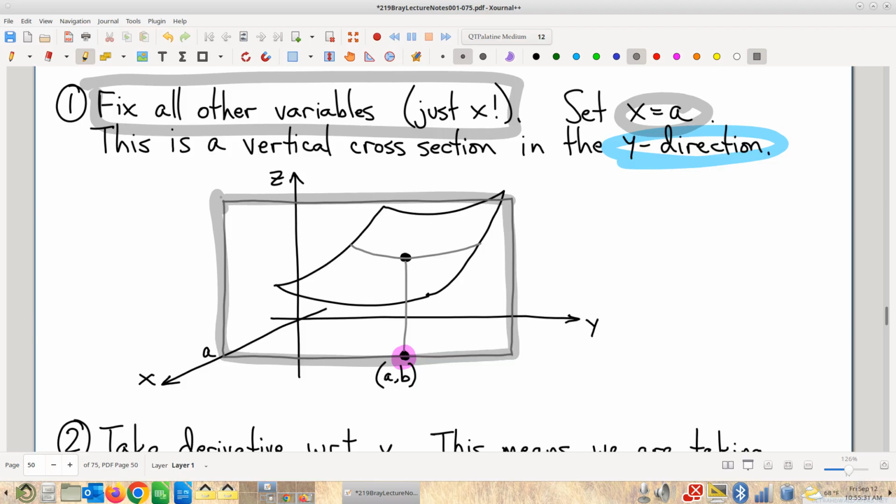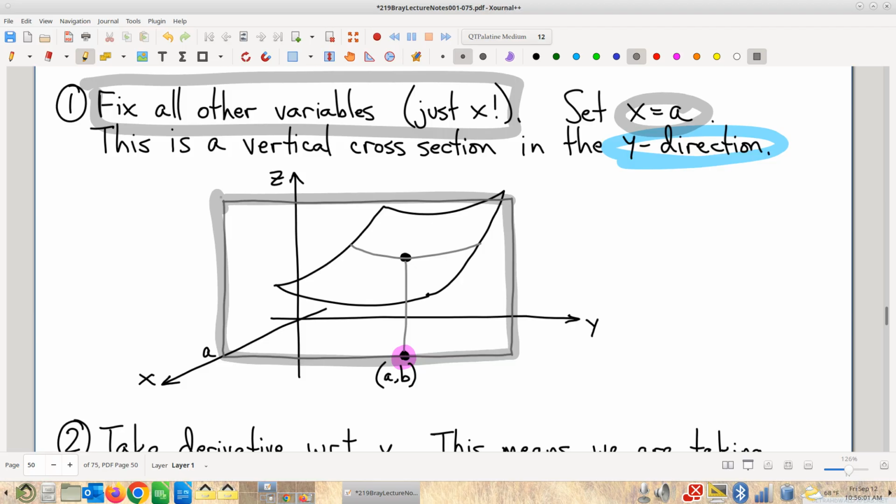Or you might say, I'm going to take a vertical cross-section parallel to the y-axis. Does that make sense? It's really easy to get the geometry mixed up. It is perpendicular to the x-axis. It is parallel to the y-axis. It does have an interesting geometric relationship with both of the domain axes. You've got to make sure you're straight on which one is which.